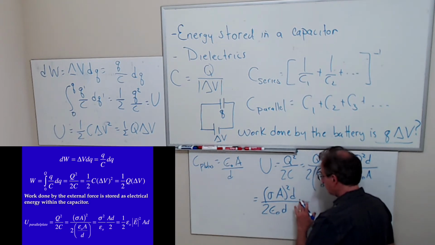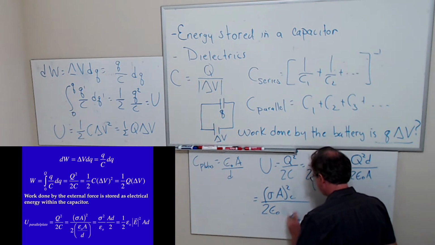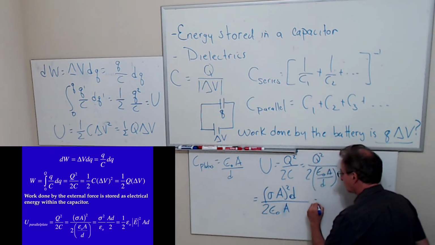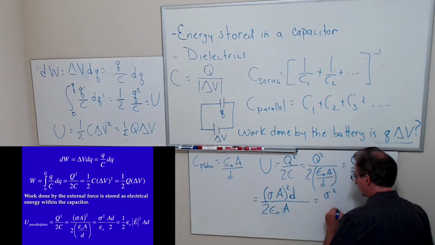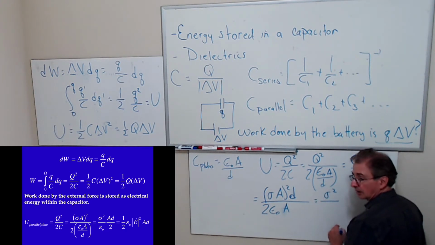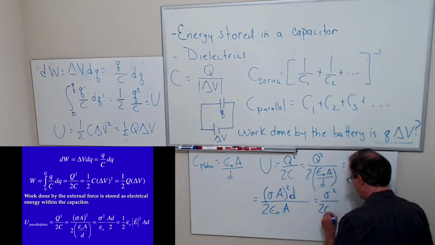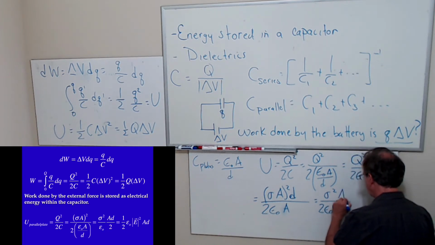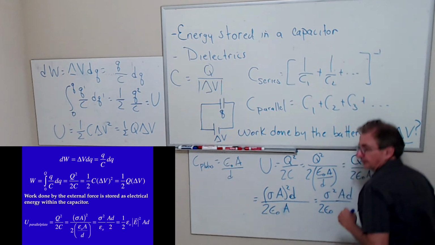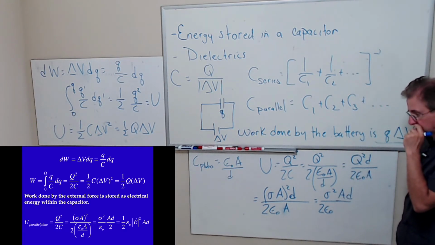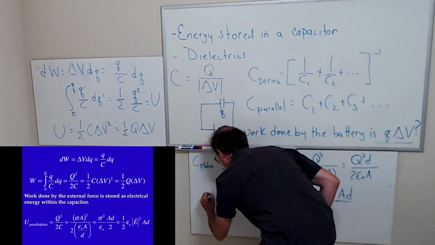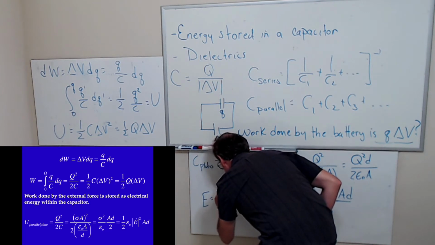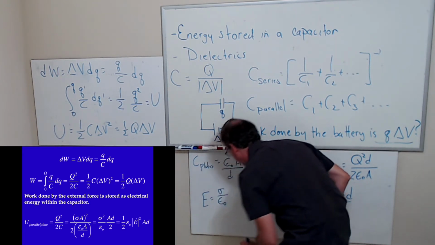And of course, one of the A's cancels. So I'm going to get sigma squared over 2 epsilon naught times A times D. The electric field between the plates is sigma over epsilon naught.